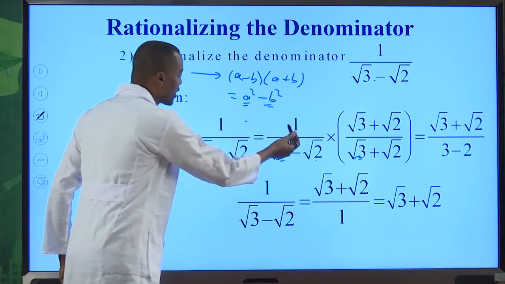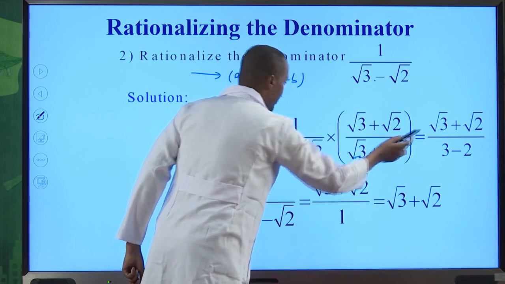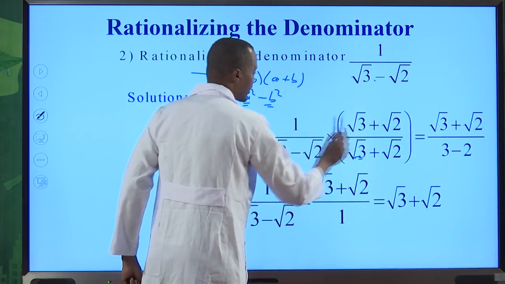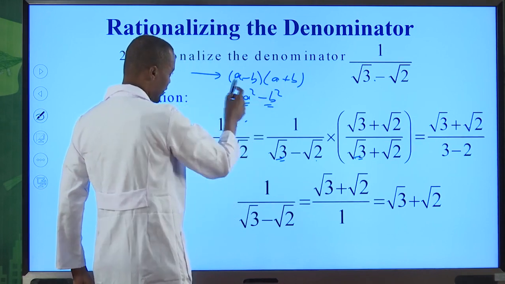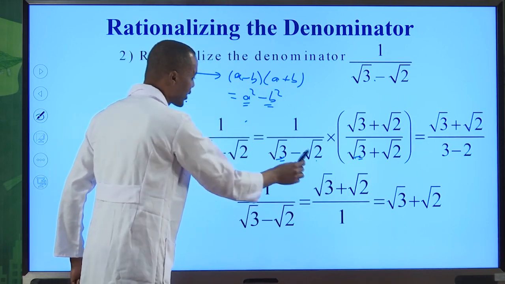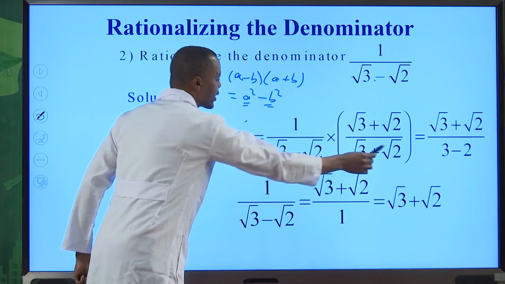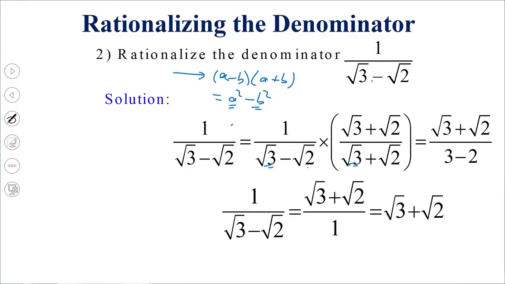So 1 times root 3 is root 3, 1 times root 2 is root 2, and according to this identity, root 3 minus root 2 times root 3 plus root 2 will be the difference of the squares of the two terms, namely root 3 squared minus root 2 squared.